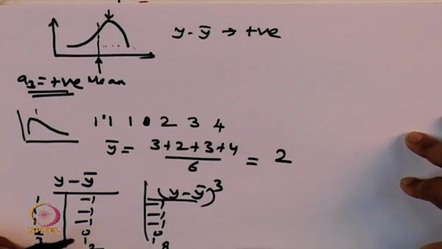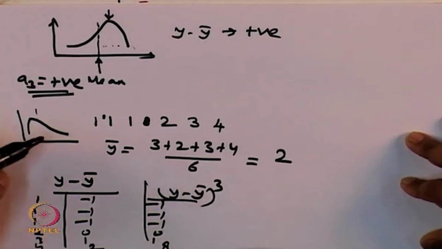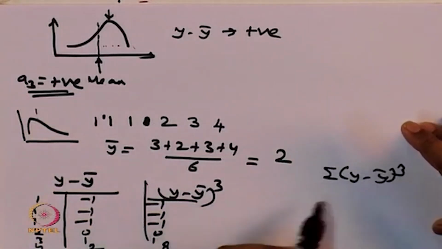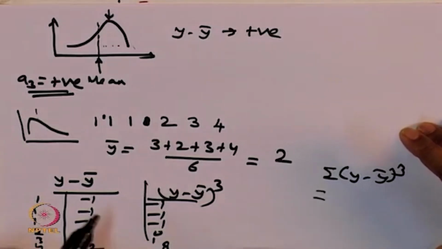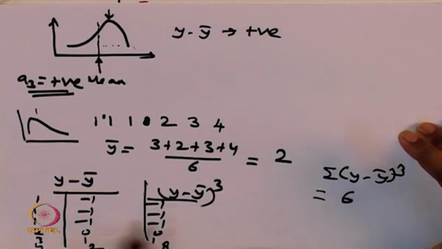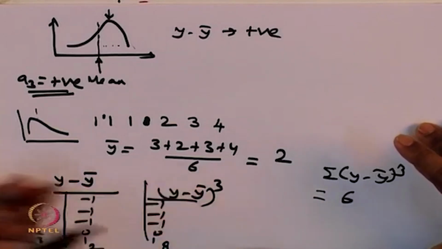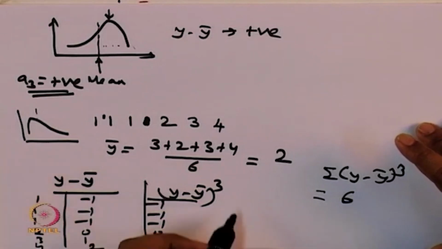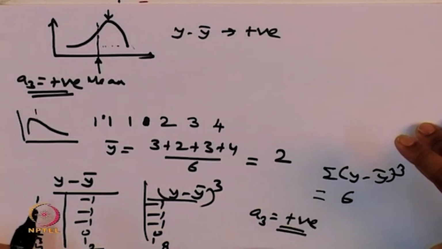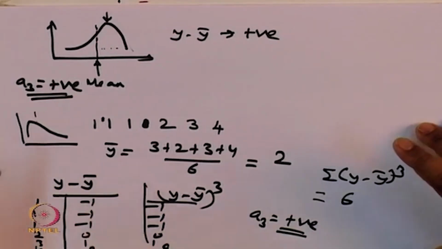In this particular case, even though the distribution is skewed to the left, I can see that the summation of y minus y bar whole cubed will give me a value of 3 plus 3, 4, 6. So though it is skewed to the left, A3 is still giving me a value which is positive.